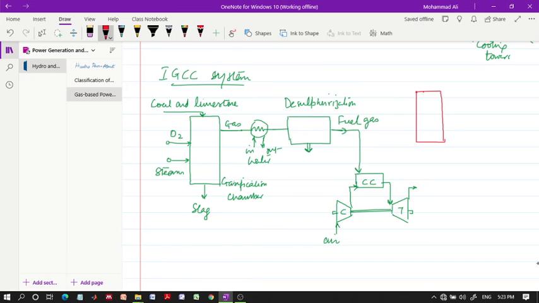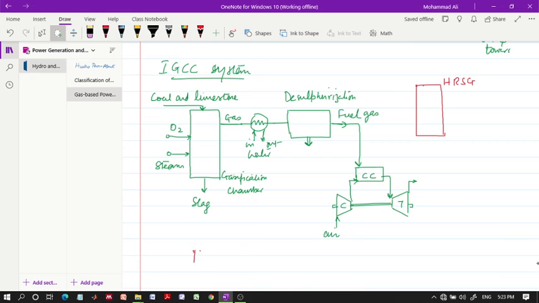This chamber is basically known as heat recovery steam generator, or I should write it in small form, HRSG. What is HRSG? Heat recovery steam generator. So we are generating the steam in this.